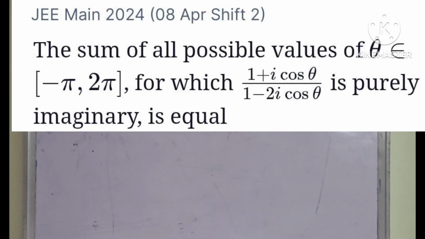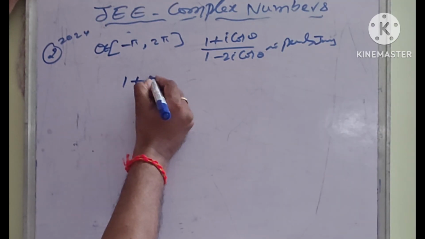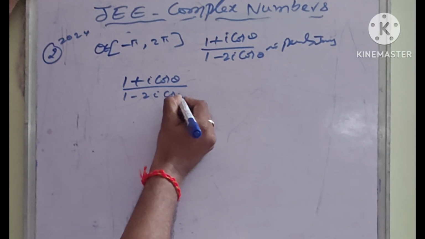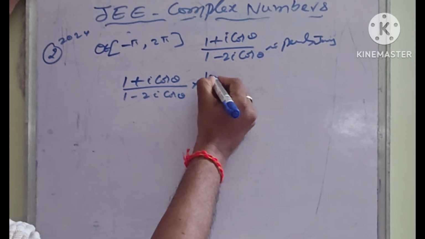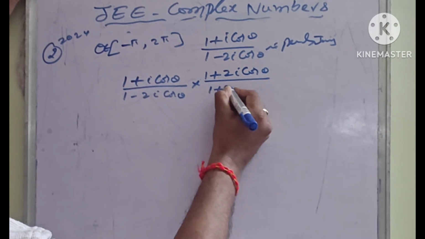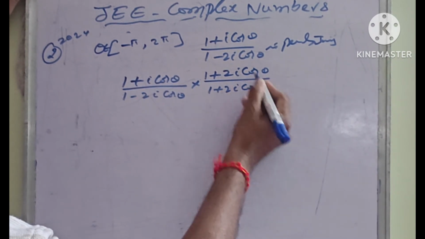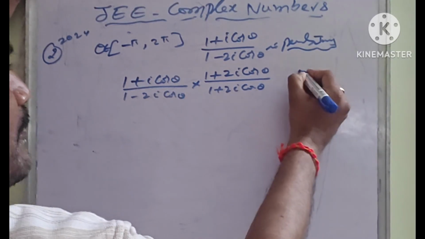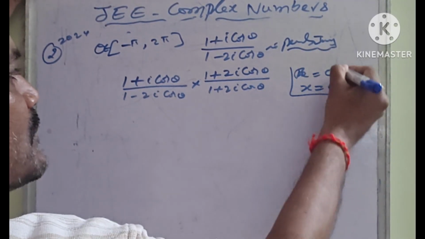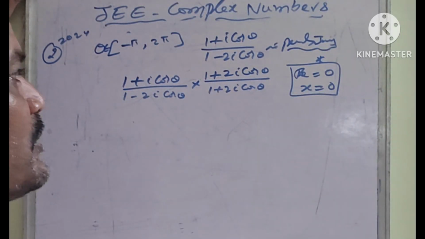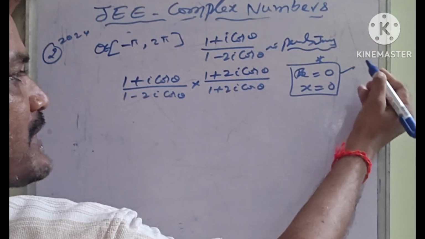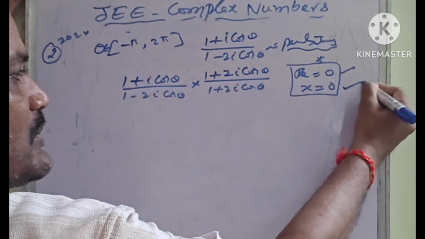Then purely imaginary is equal to (1 plus i cos theta) by (1 minus 2i cos theta). We know that we rationalize, multiplying by (1 plus 2i cos theta) by (1 plus 2i cos theta). So purely imaginary means the real part is 0. Real part means x is equal to 0. This is the most important thing. Purely imaginary, the real part is 0. Purely real, the imaginary part is 0, and y is equal to 0.